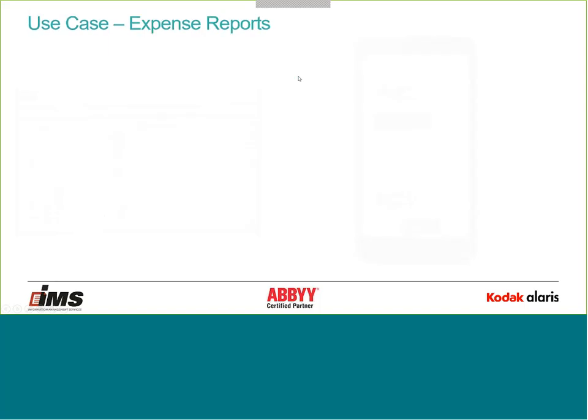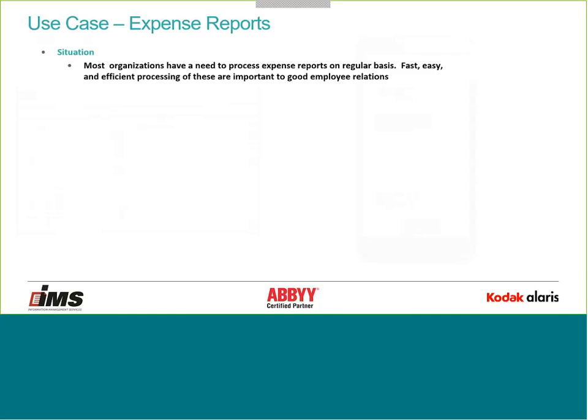So then our last use case is one that all of you probably deal with, and that's expense reports. Most everybody has a need to process them. You may only have a few at your organization, or you may have a few thousand, just depending on the type of business that you have. A lot of times, even today, this is being done in paper format.